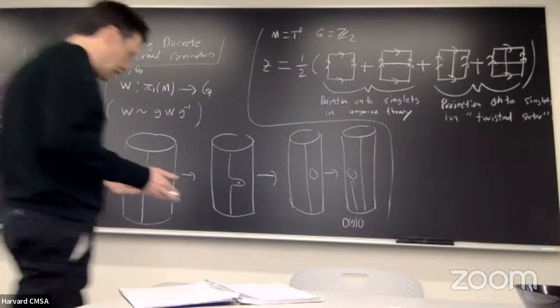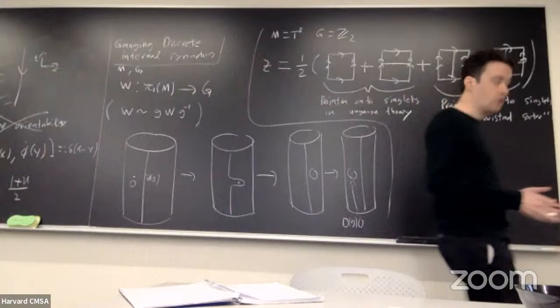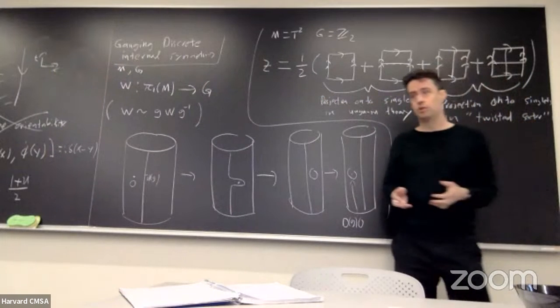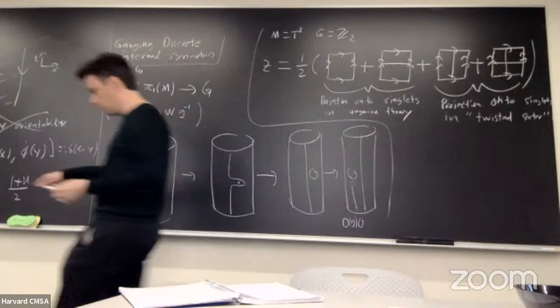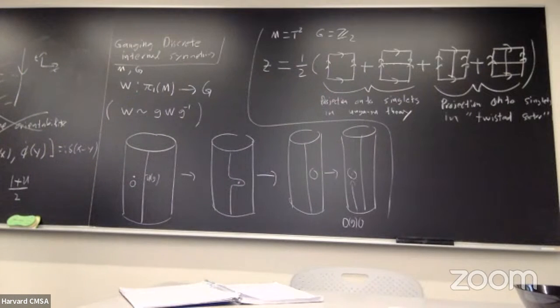No, because a gauge symmetry is supposed to be a redundancy of description, right? So if I go around a circle and come back to where I started, if this Z2 is a redundancy of description, then I had better allow configurations where that redundancy happened. It's like when you're defining a connection on a bundle.